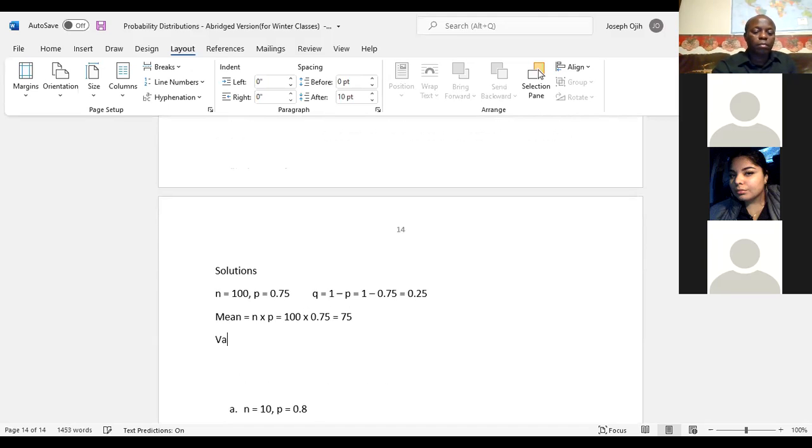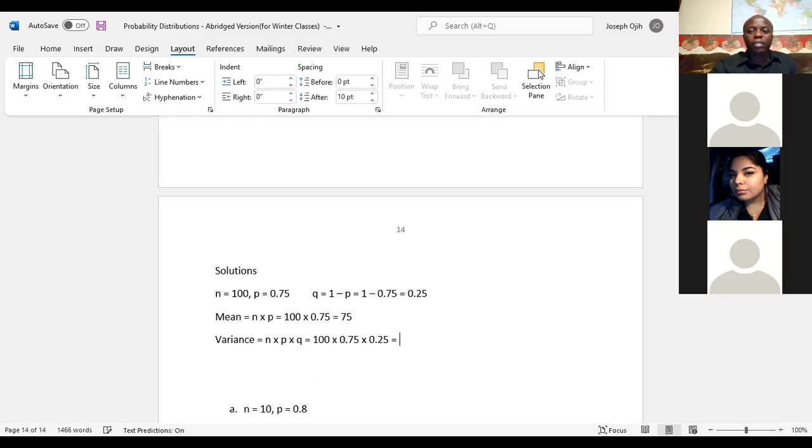Variance equals n times p times q. Here our n is 100 times p is 0.75 times q is 0.25.